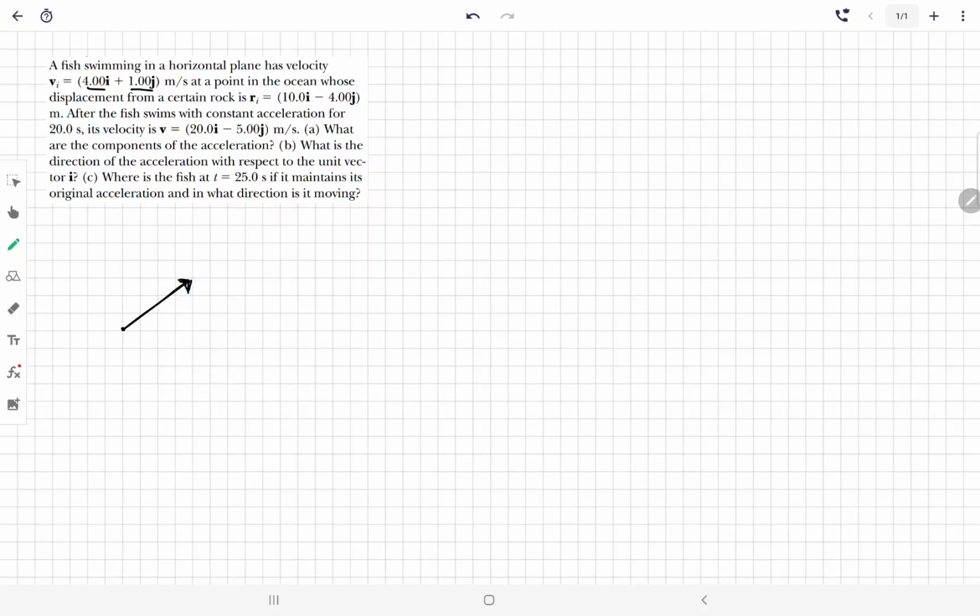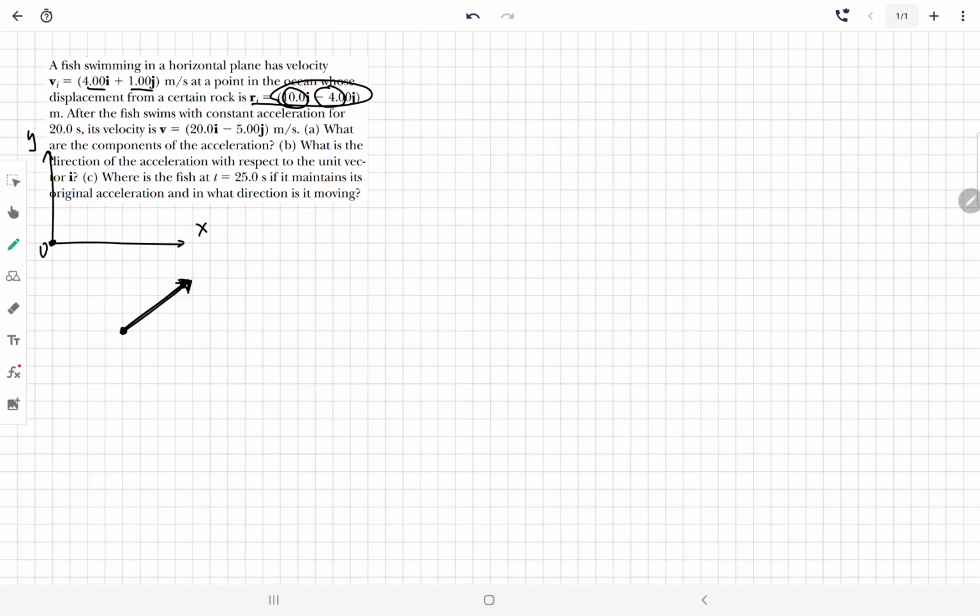And we have the initial displacement: in the horizontal direction positive 10, in the vertical direction minus 4. It means this initial point is located somewhere here. So this is our y and x axis, 0. The x displacement is positive, the vertical y displacement is negative, so it's somewhere here and it's moving in this direction.